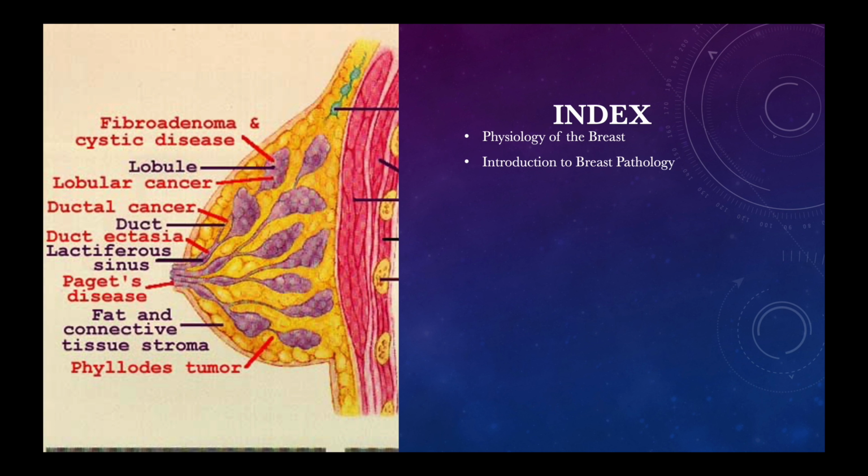Then I'm going to introduce a few words about breast pathology, talking about what diseases I'm going to cover, and a few words about clinical diagnosis of breast pathologies. And then I will be swiftly moving on to inflammatory and benign breast diseases, where I'm just going to be mentioning main features and a very brief clinical summary on some of the diseases.